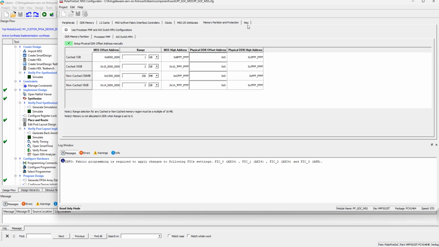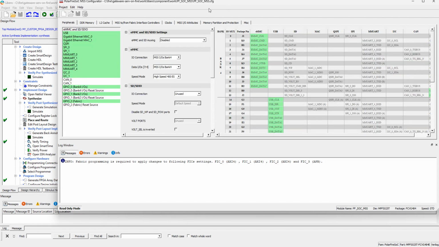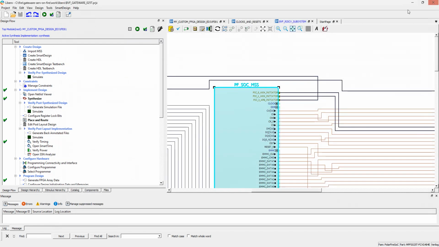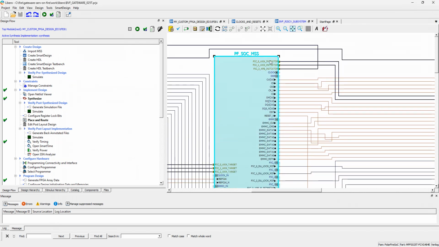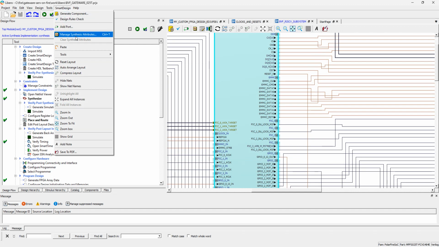Some memory partitioning, and miscellaneous. Basically, this is all configured with the MSS configurator. In the grand scheme of things, this is just to get our toe touched into the water of Libero.